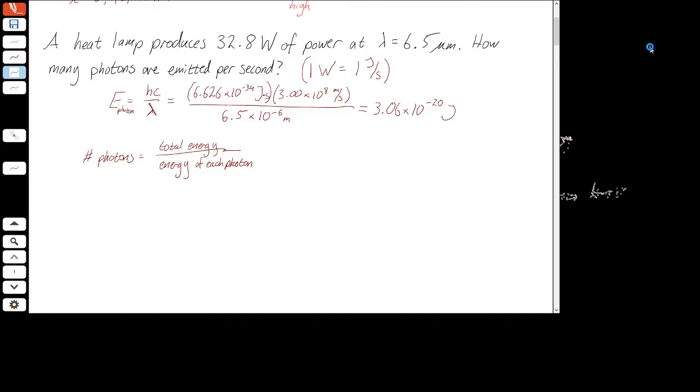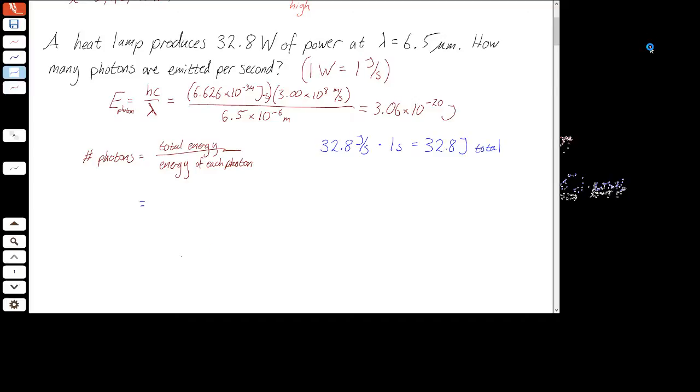So to get the energy, not the power, we would say 32.8 watts, which is joules per second, times 1 second. That's going to be the total energy in 1 second: 32.8 joules.